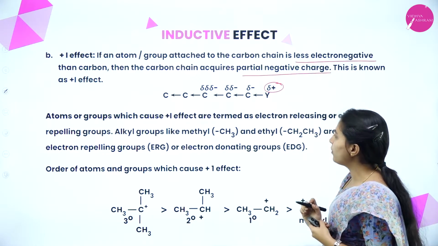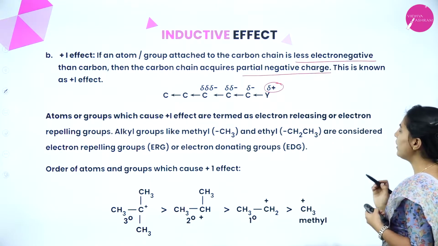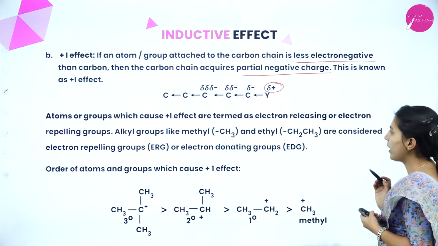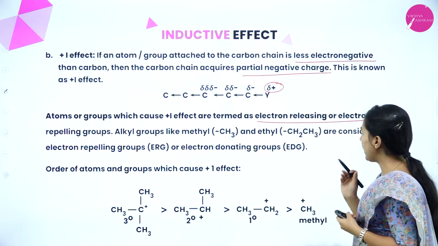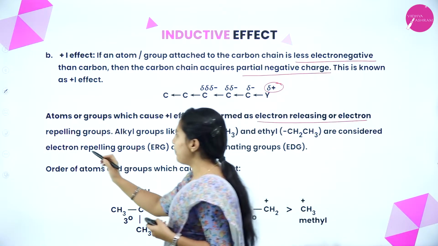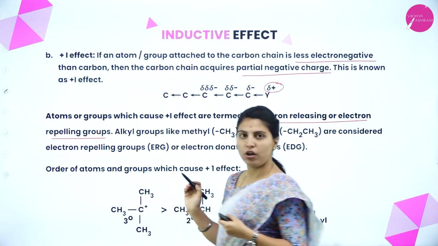And atoms or groups which cause plus I effect are termed as electron releasing or electron repelling groups.